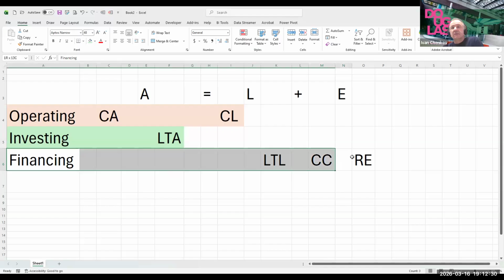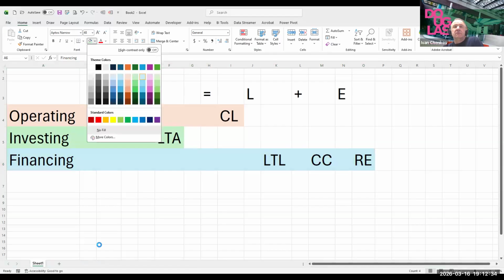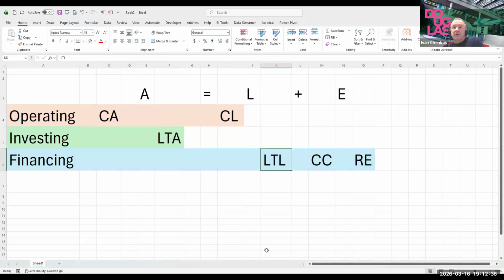On financing, it's related to long-term liability, long-term debt, and the equity section, which includes the contributed capital, either people investing or us buying our shares back, and retained earnings, in terms of whether we are paying dividends or not from the retained earnings.